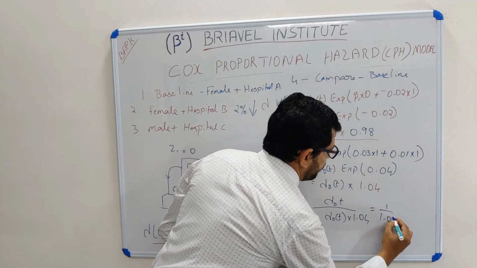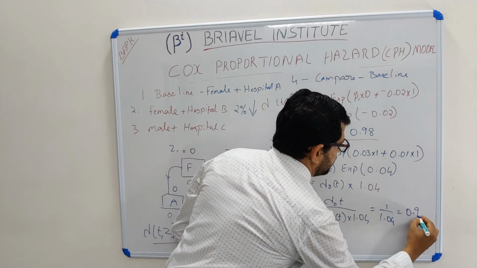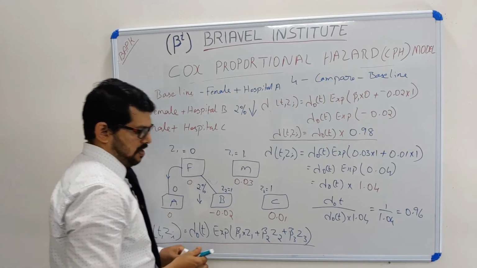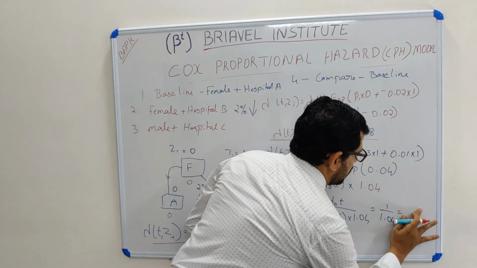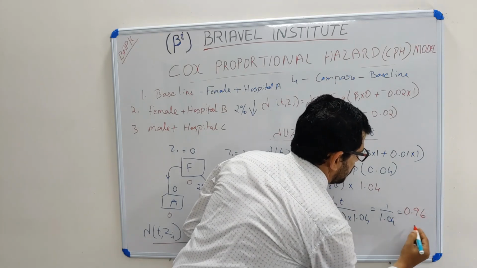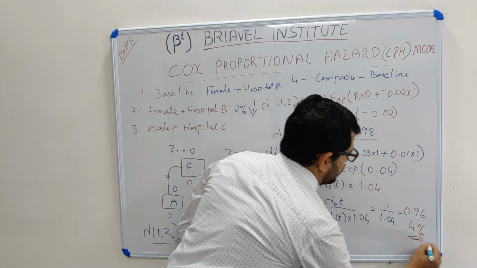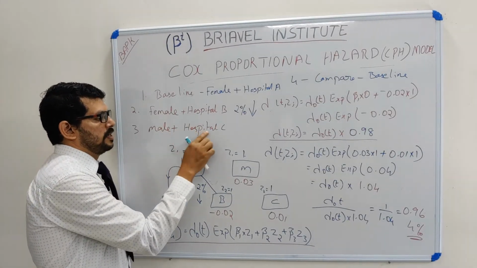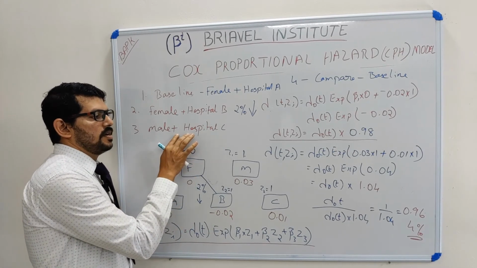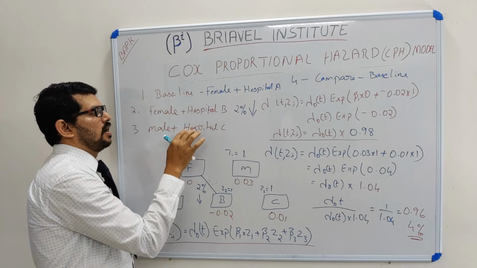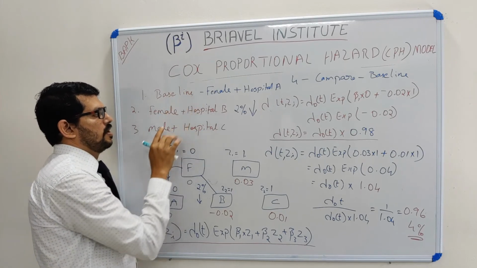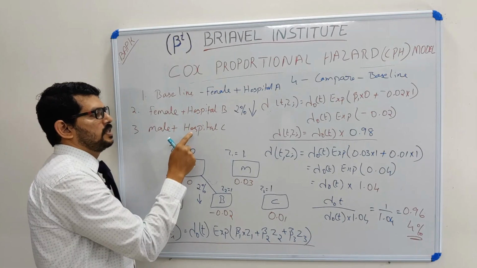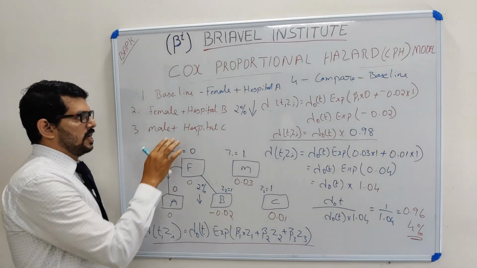So this is equal to 1 divided by 1.04, which is equal to 0.96. So compared with this combination, male plus hospital C, the hazard rate is increased. So the baseline hazard is 4% less compared with male and hospital C.